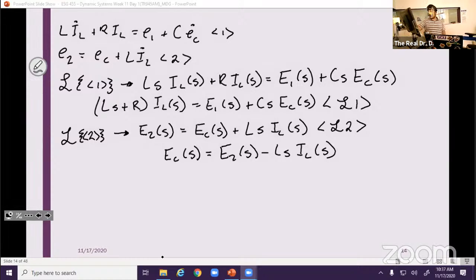And I'm going to take this equation and plug it in up here for E_C. So let's do that and see what happens.